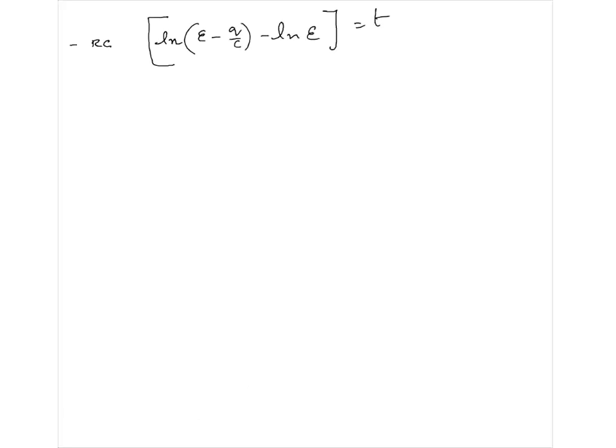Okay. So we have, now taking anti-log, e to the power minus T by RC.